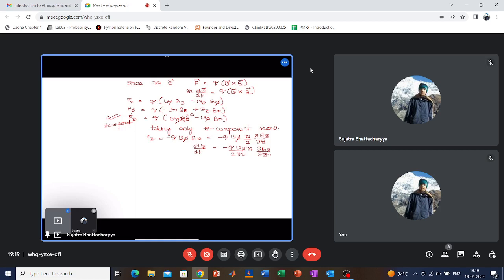Right. Now, remember that we have put the mod br over here, in this region. That's why this negative sign will be there.